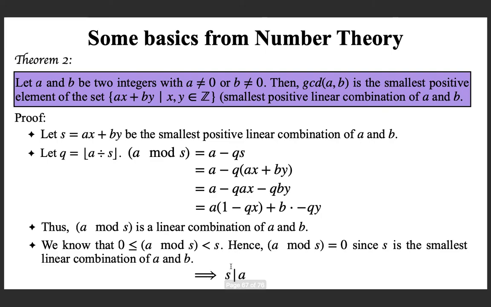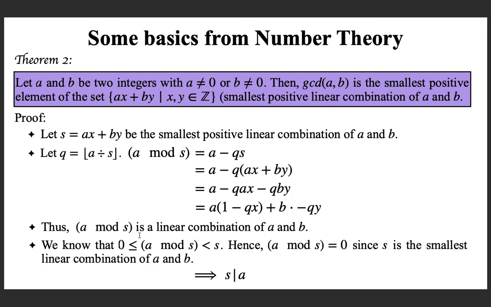So, we are proving that S divides A. Why? Because we got the remainder of dividing A with S as 0. Why is it 0?